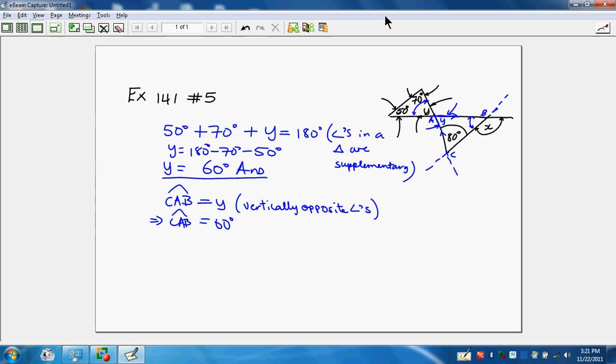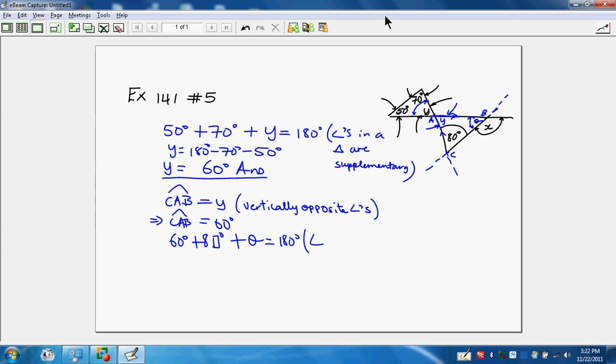Okay? And then, if we look at the triangle ABC, then we say that the angles in there must add up to 180. So we could say that 60 degrees, which is angle y or angle CAB, plus 80 degrees plus the unknown angle, right? That unknown angle, we could call it theta. So we could say plus theta must be equal to 180 degrees.